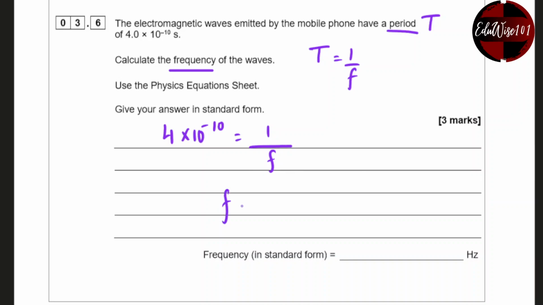So frequency equals 1 over 4 times 10 to the power minus 10. That gives me 2.5 times 10 to the power 9 hertz.